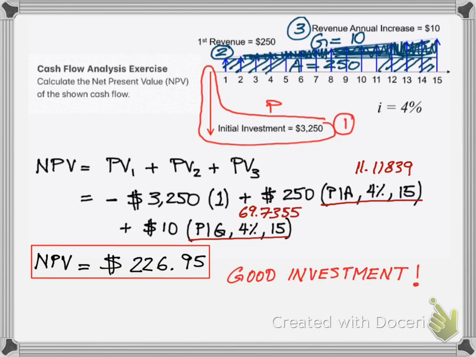Any value that turns out to be a positive net present value for a cash flow is a good investment, meaning that you are getting a return that is equivalent to, or if it is positive, actually more than, the interest rate you plugged into that cash flow.